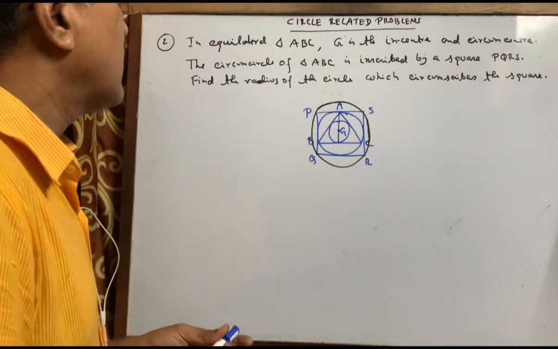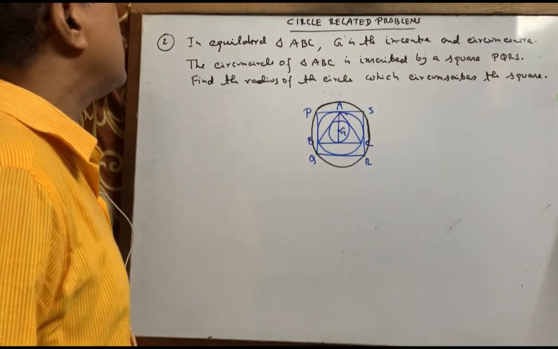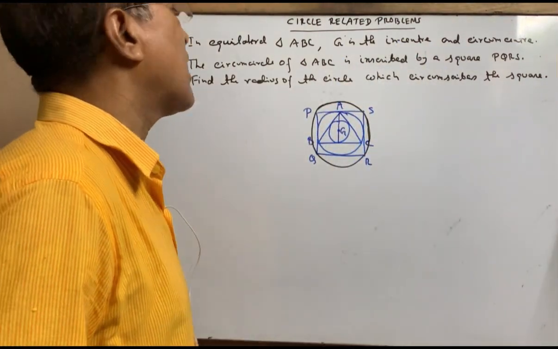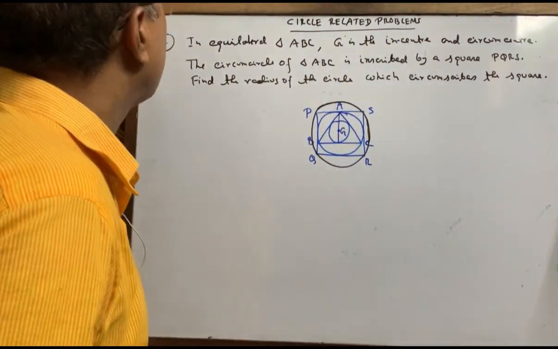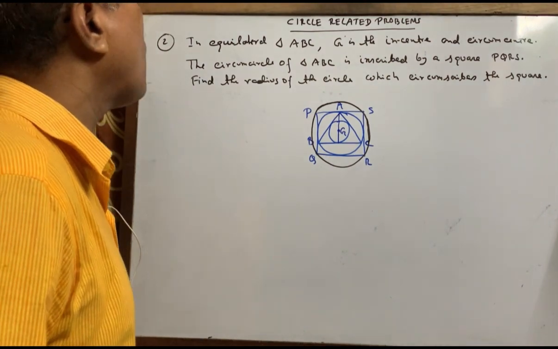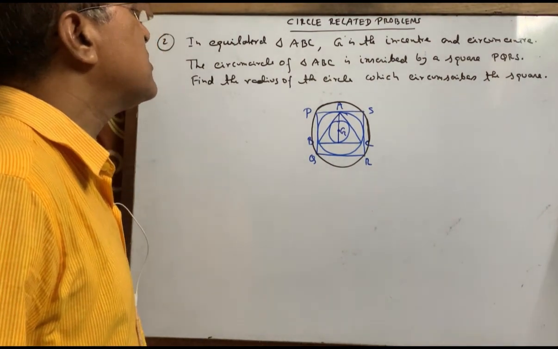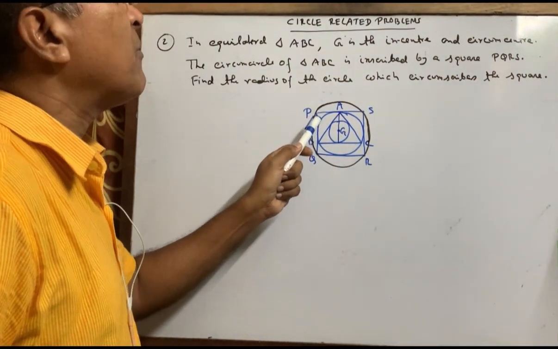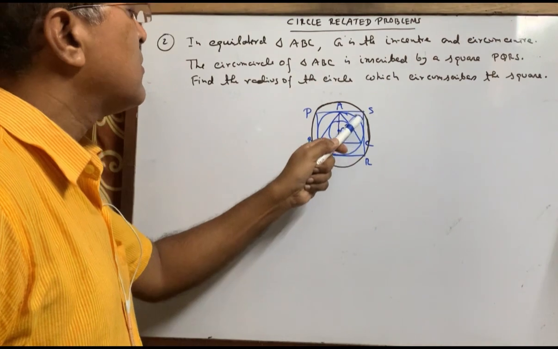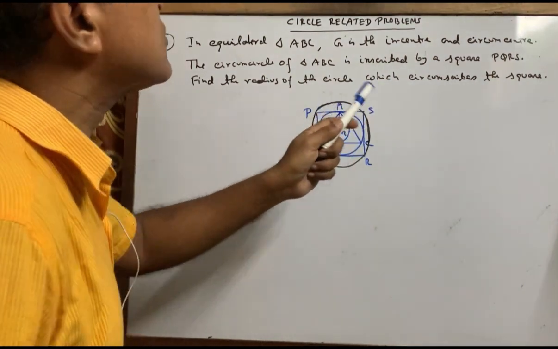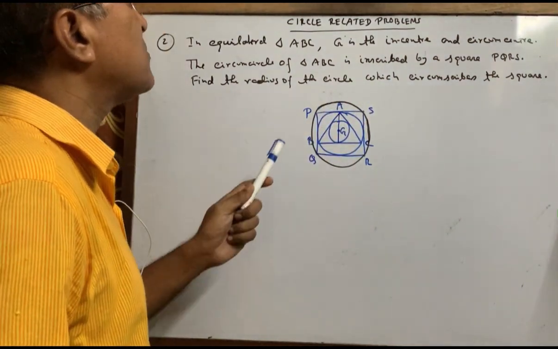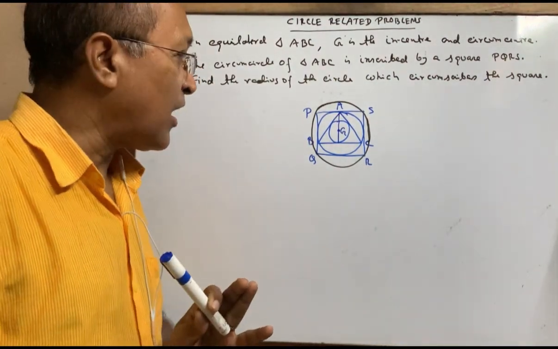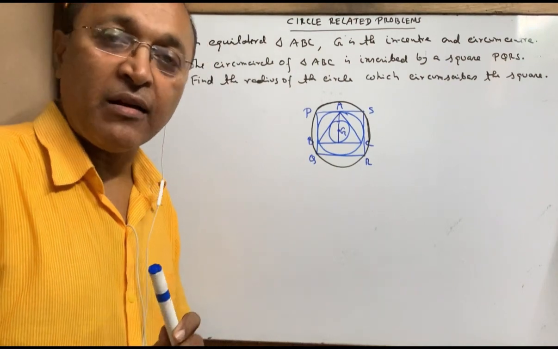The circumcircle of triangle ABC is inscribed by a square PQRS. Find the radius of the circle which circumscribes the square. So, there are altogether 3 circles.